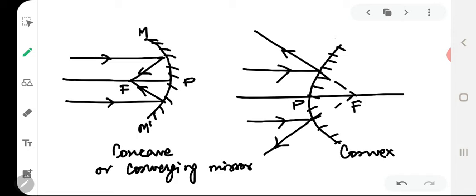While in case of a convex mirror, you can see that the rays traveling parallel to the principal axis after getting reflected from the mirror appear to spread out from a point, or we can say that they appear to diverge from a point. So that is the reason why a convex mirror is also called a diverging mirror.